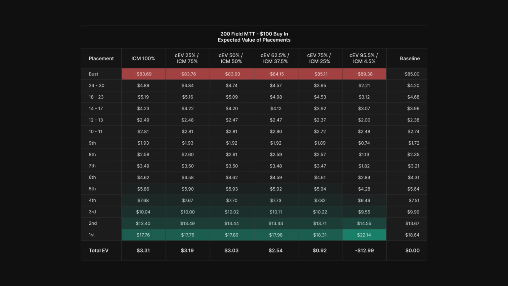And we can see throughout this how often each player is going to win or lose and how much each placement impacts your value. Again, the ChipEV strategy is placing first or second more often, but they're busting a lot more often and placing in those middling sections less often overall as well, which overall results in them losing a lot of money. So we see this smooth progression of expected value from the pure ICM strategy to the players that switch later in the tournament.